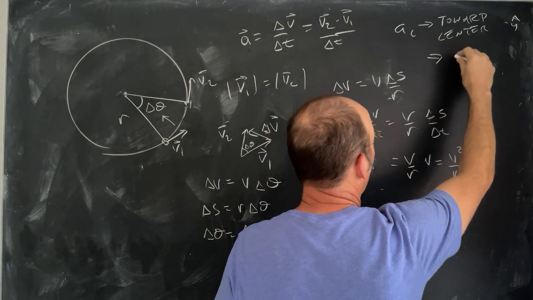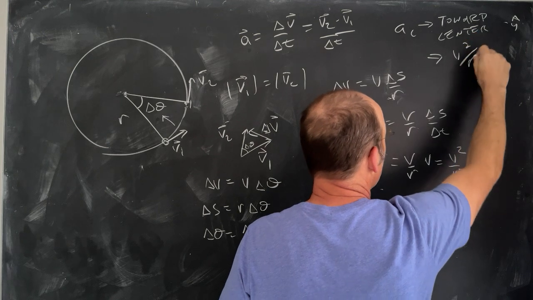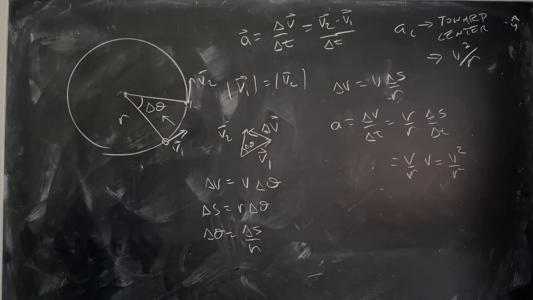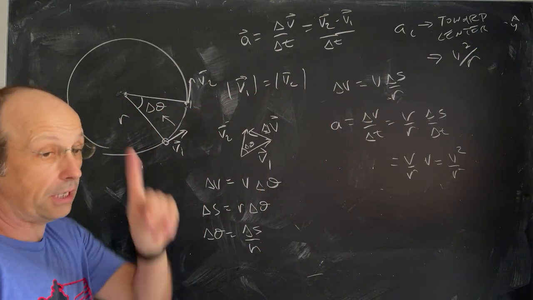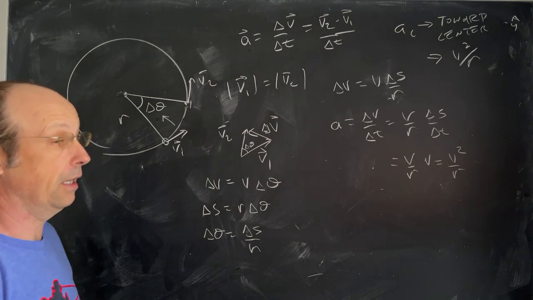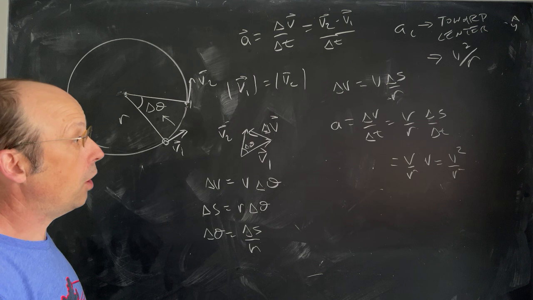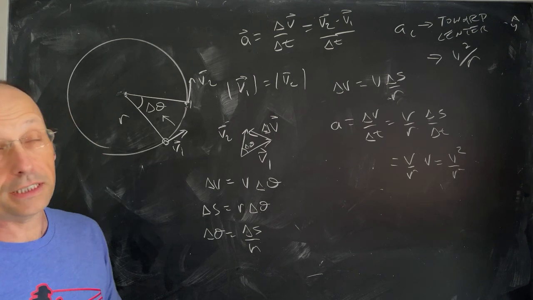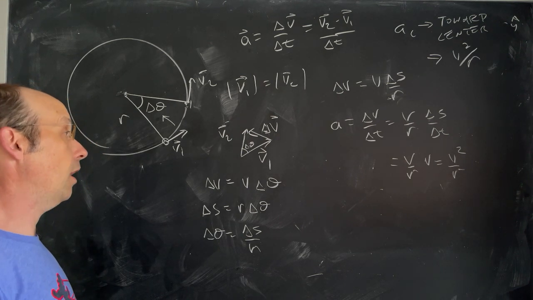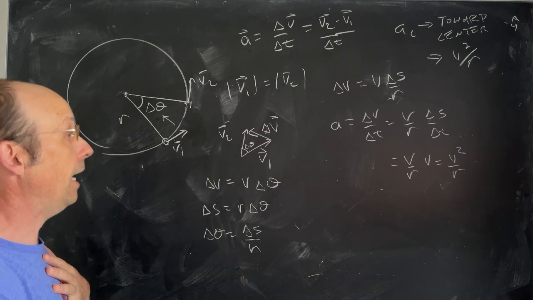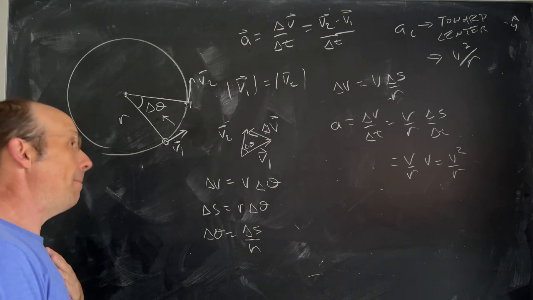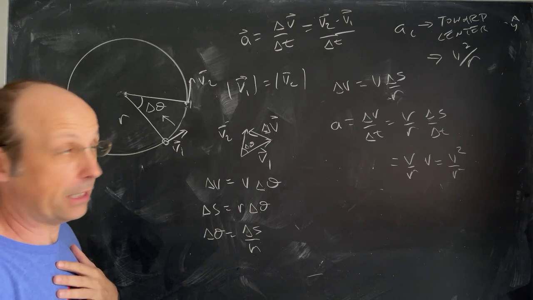And this is our other important thing. It has a magnitude of v squared over r. And we call this centripetal acceleration. I'm going to talk about centripetal in just a second, that word. I want to do one more thing. So we could also describe this acceleration in terms of the angular velocity. So remember that v is omega times r.